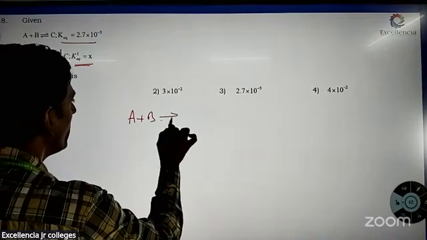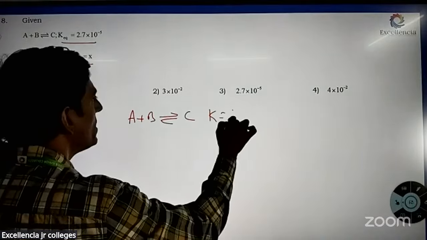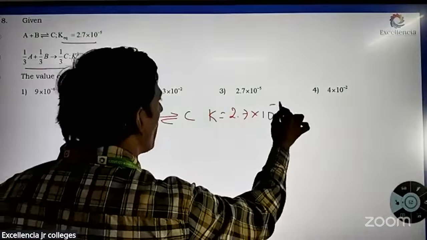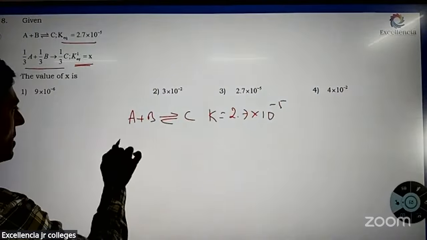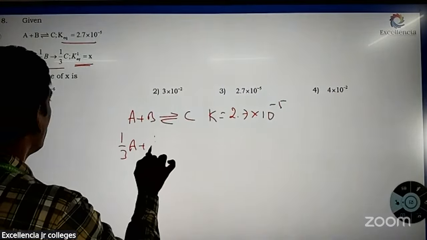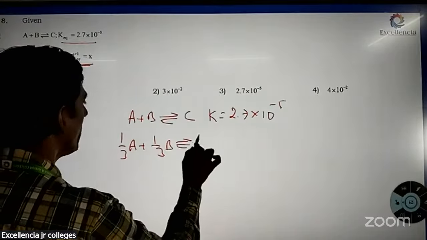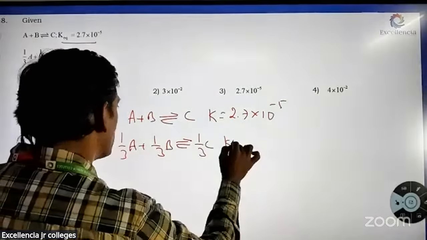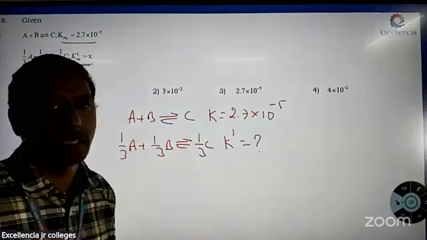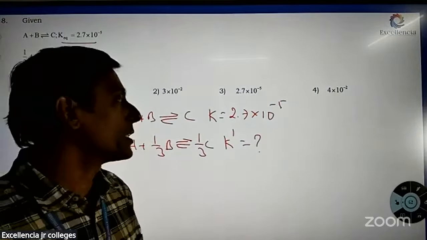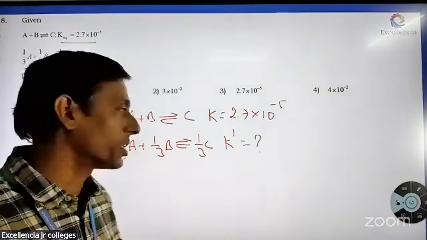A plus B giving rise to C, with equilibrium constant 2.7 into 10 power minus 1. And what they are asking: 1 by 3 A plus 1 by 3 B giving rise to 1 by 3 C. Let's say K dash is the thing I'm asking. Now observe the given equation and the question equation.